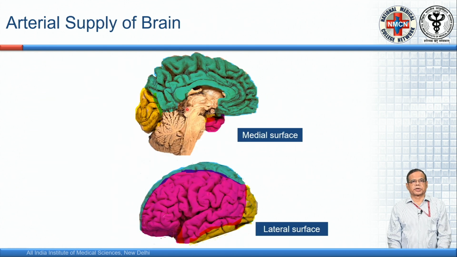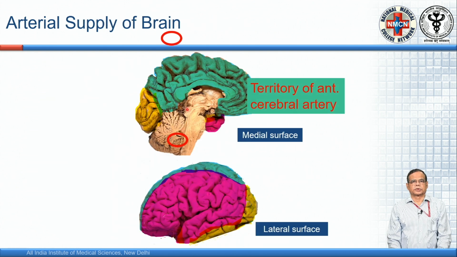So, in summary, arterial supply of the brain. The anterior cerebral artery supplies the medial surface of the brain excluding the occipital lobe, and also it supplies part of the lateral surface of the brain towards the superior border.